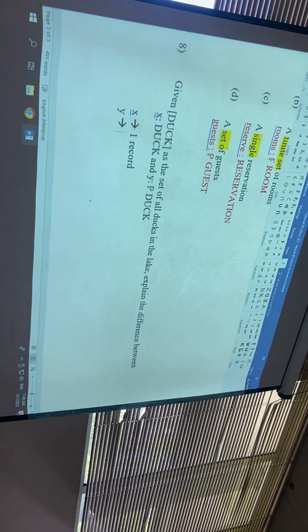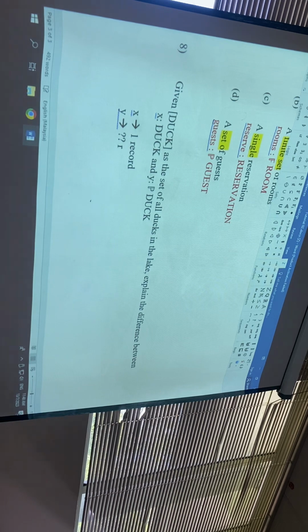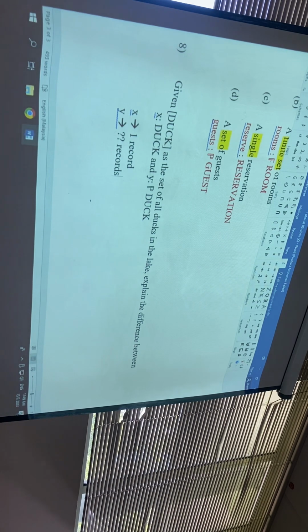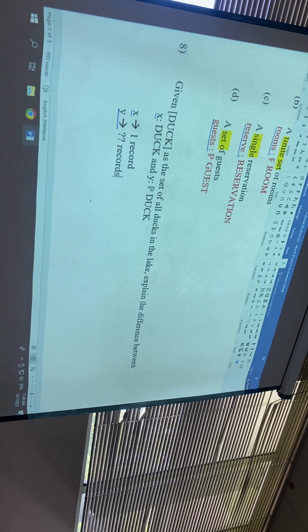How many records do you have here? What are the terms or symbols we are going to use to know how many ducks for Y? You remember or not? In maths, if you want to know the size of the data, what are the symbols that you use in mathematics?